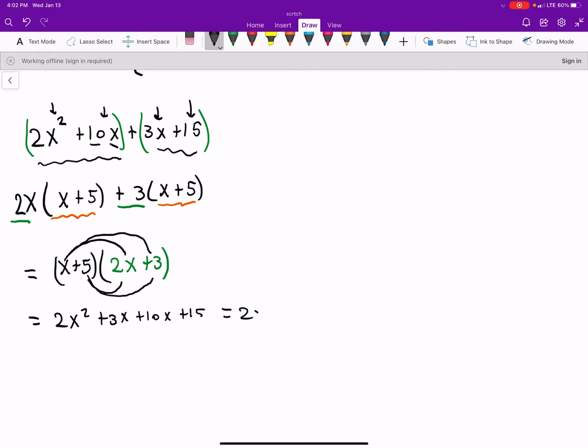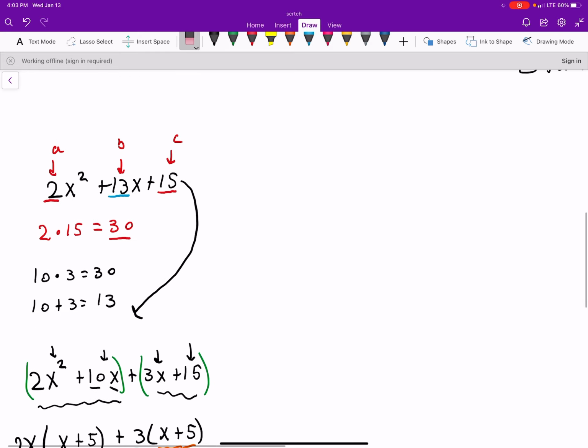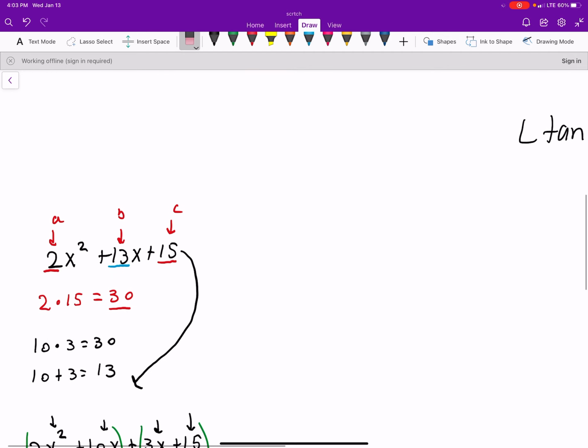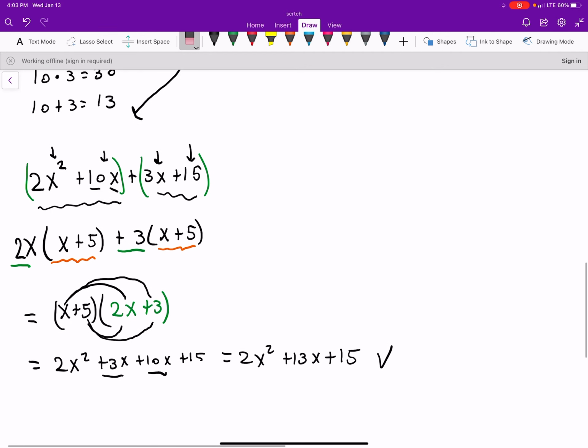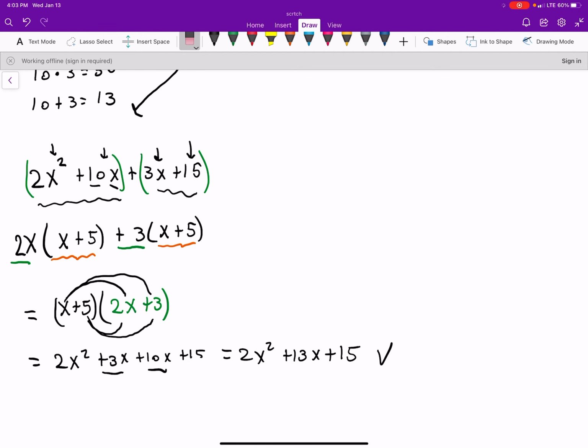So that's 2x squared, and 3x plus 10x, those are the same kind of term, so I can add them. That's 13x plus 15. And we did this right because this is exactly what we started with, right? So this bit right here, I'll rewrite it a little nicer. This is our factored form.